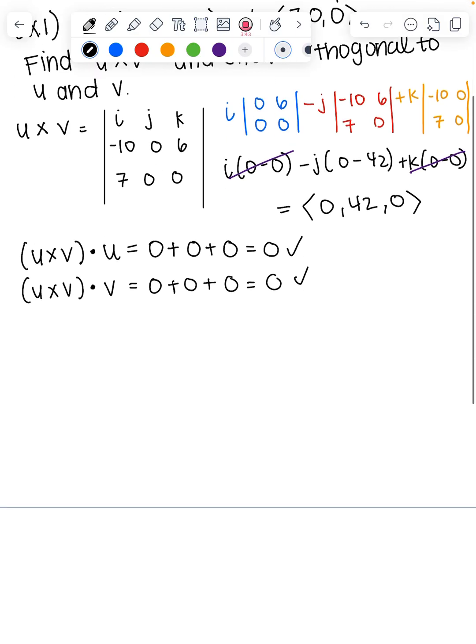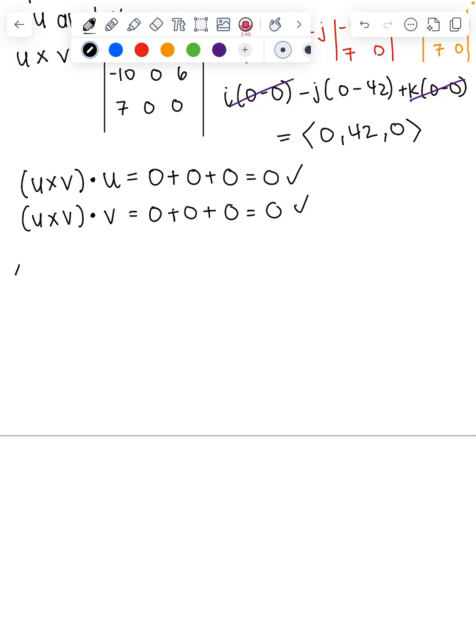Okay, now we're going to talk through a few properties. So if I have some algebra properties here, oh my god, I can't spell properties. Okay, so I'm going to say that the cross product of u and v is equal to a negative v cross product of u.